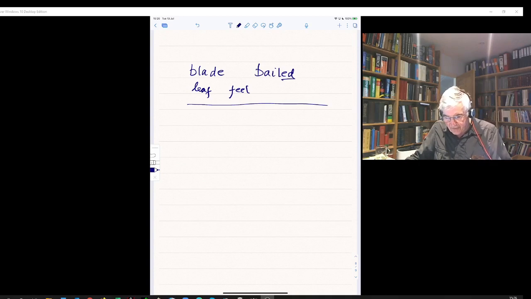The examples we've given, leaf and feel, and the house, the other house. We don't represent these changes of sound in the writing, whereas in Sanskrit you do. That's why the writing is always a very precise representation of the sound.